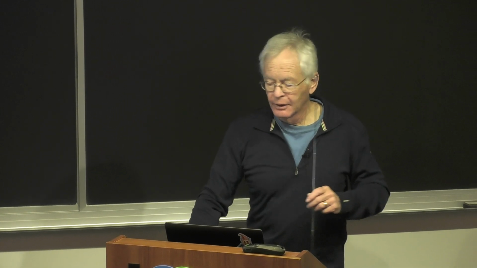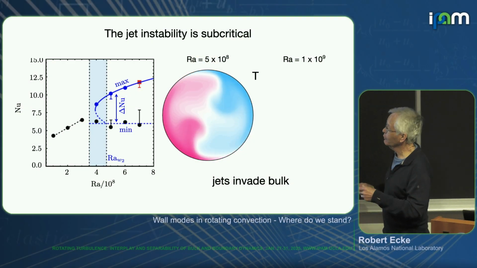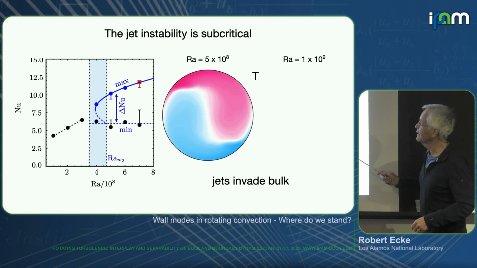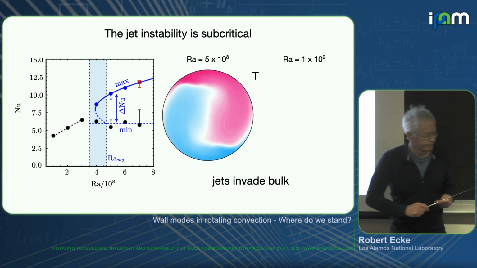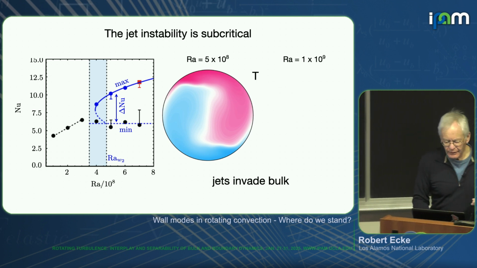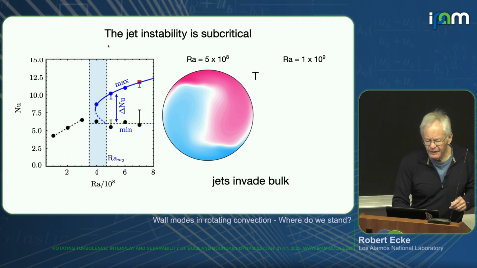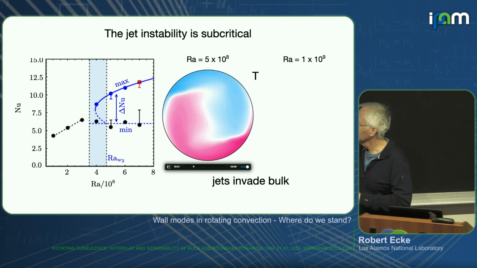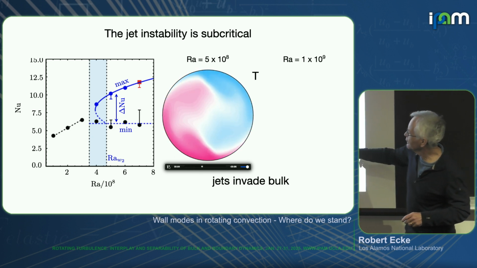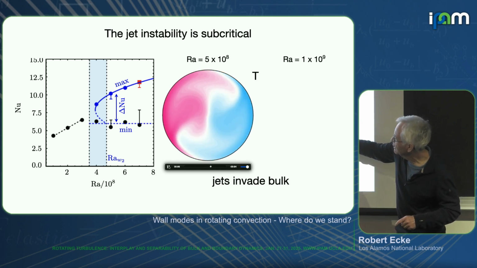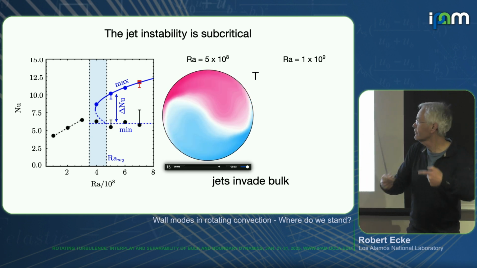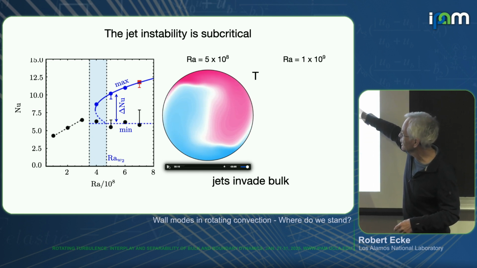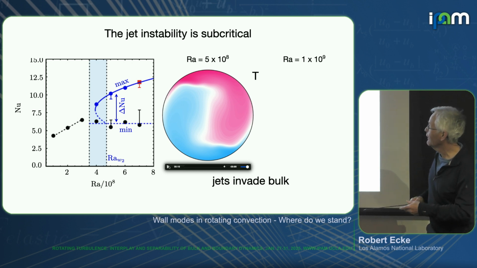Okay. Now, this was previously seen. We saw it as well. You get this jet instability. The wall becomes unstable. You get these jets that squirt in from the boundaries between the two upflow and downflow regions and meet in the middle.